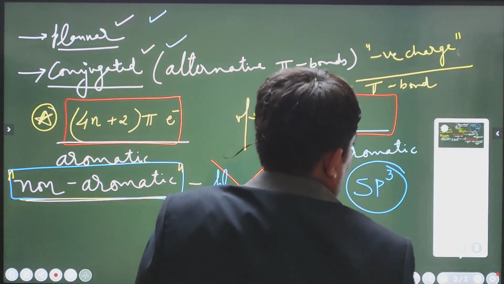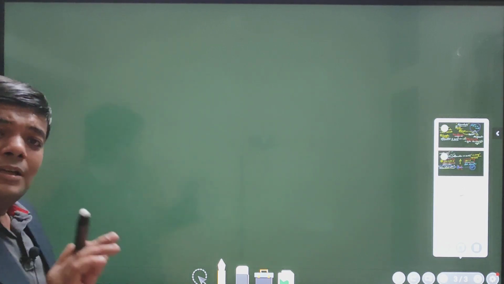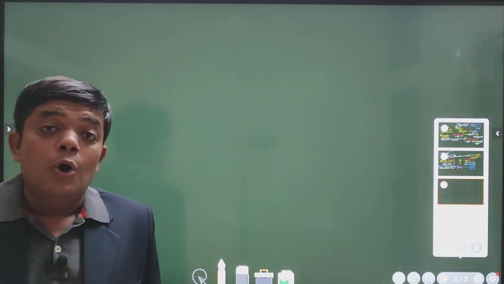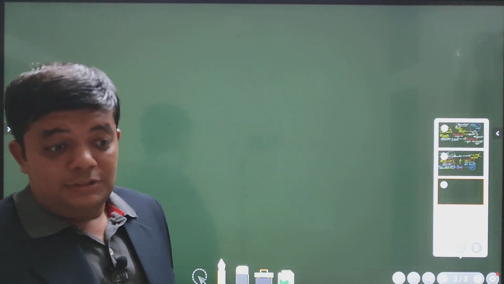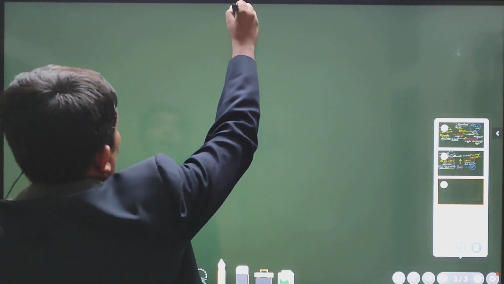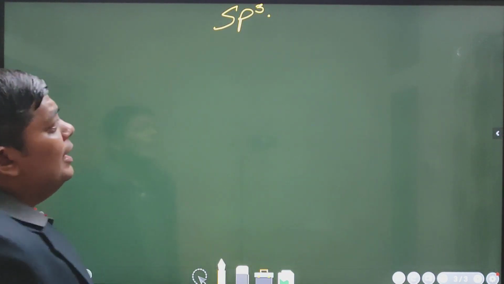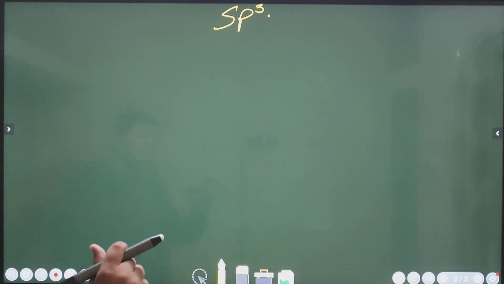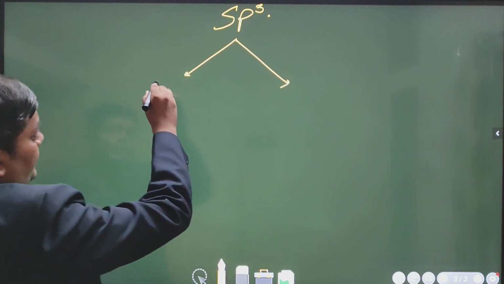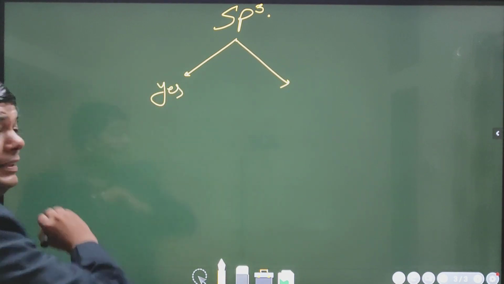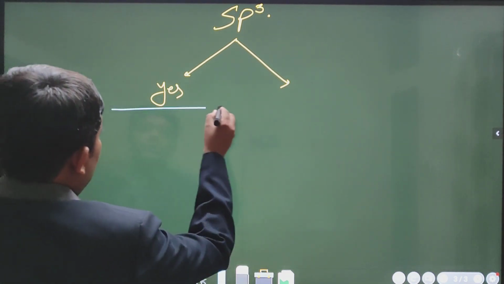So let us start with our first rule over here. If at all we are given any set of questions, the very first question that we should ask the molecule is, are you having at least one sp3 carbon? If the answer to the above question comes yes, then no need to think too much.